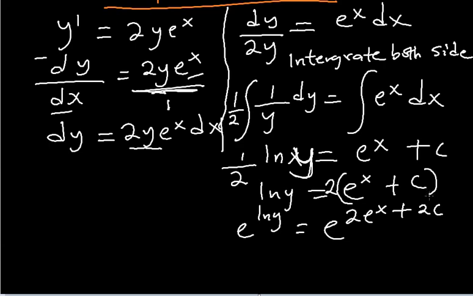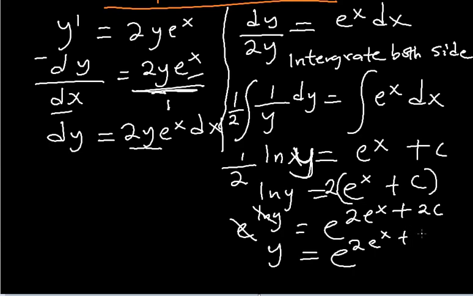In this case I needed to eliminate the ln, that's why I take the exponent of both sides. So exponent cancels ln, and I'm left with y equals exponent of 2 exponent x plus 2c.